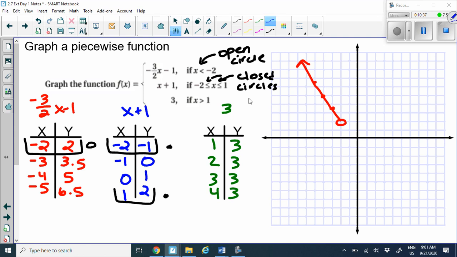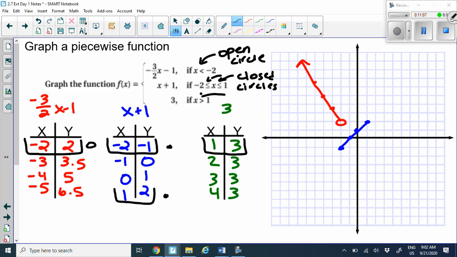So I go to -2, -1, and then -1, 0, boom, and then 1, 2. Once again, I go from 1 point. Now notice here, this is a little bit different. We see that we have a segment. We have where we start and we stop. So anytime we have 2 parts to our restriction, we're actually going to have a segment, and there are no arrows there.